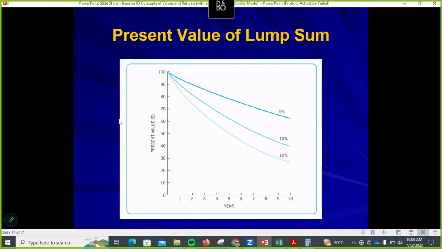You can buy the things which cost 65 rupees after 10 years using your 100 rupees now. So when time is going, the value of the cash in hand is losing value.